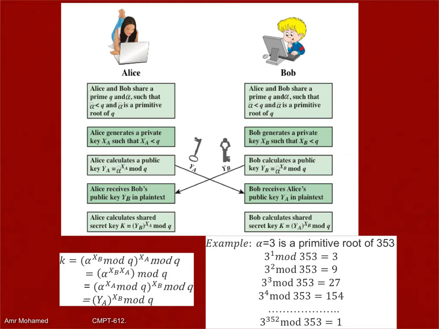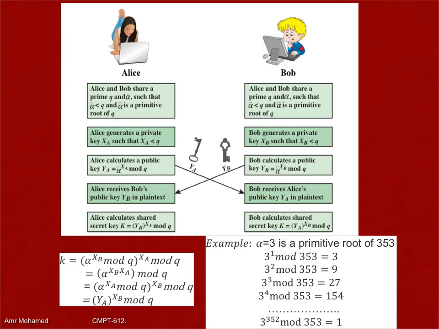And if you use alpha to the power XA plus 1, you will achieve a different YA. Right? Because again, alpha is a primitive root of Q. So I will not, of course, share XA. I will share YA.